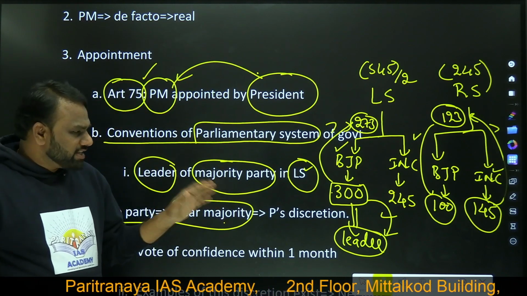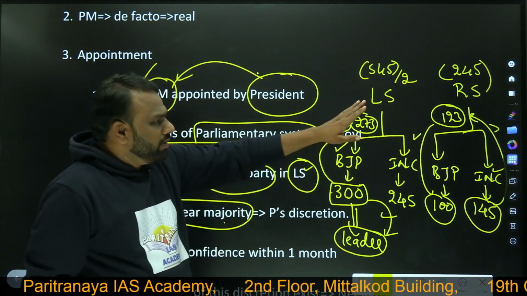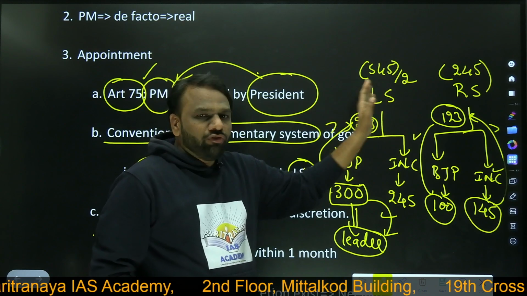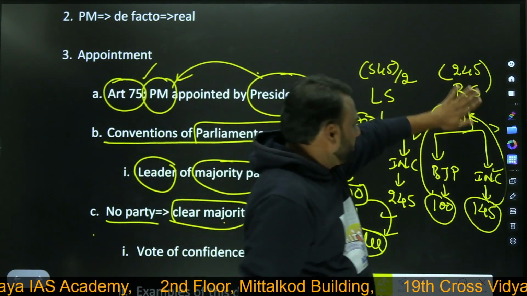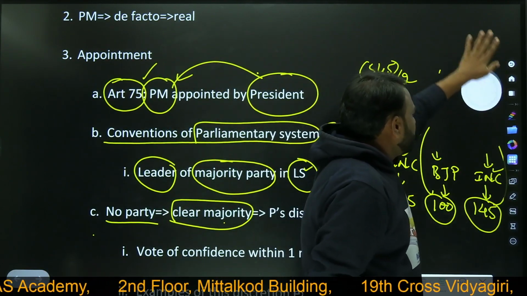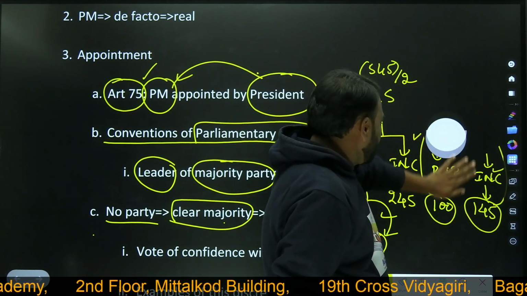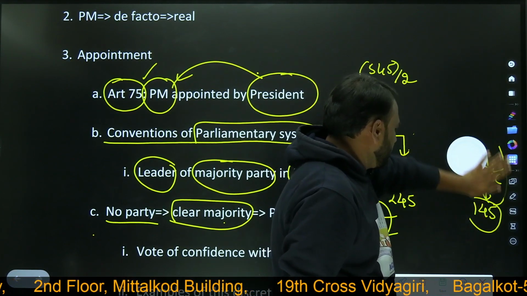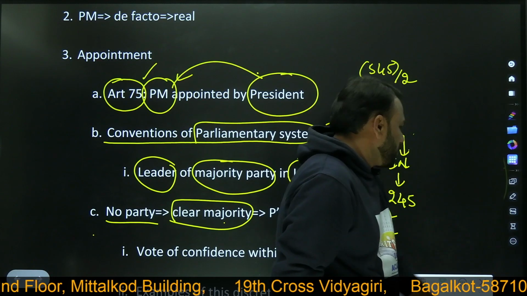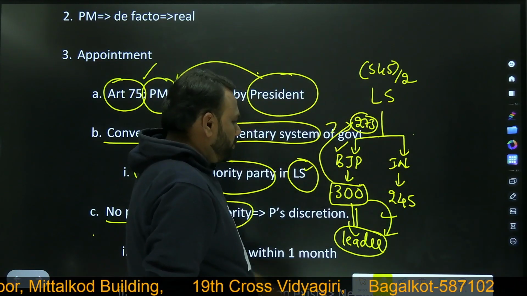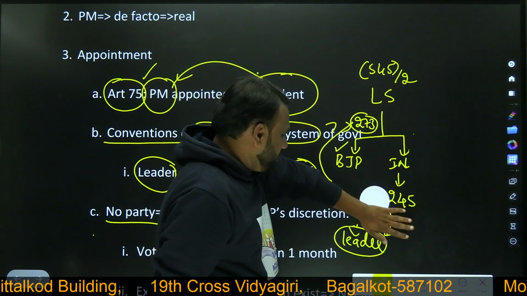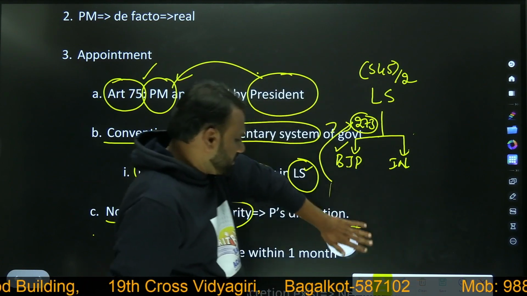So let us discuss with the help of an example. Now, Rajya Sabha is out of our ambit. We shall remove Rajya Sabha because when it comes to forming a government, Rajya Sabha plays no role. We shall change these values because we want to create a different scenario.